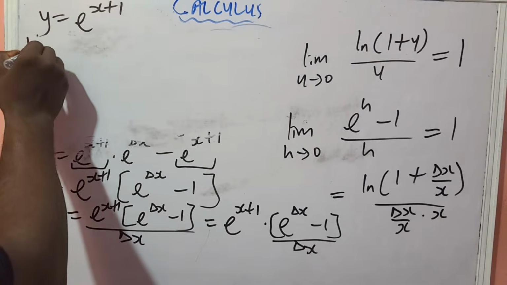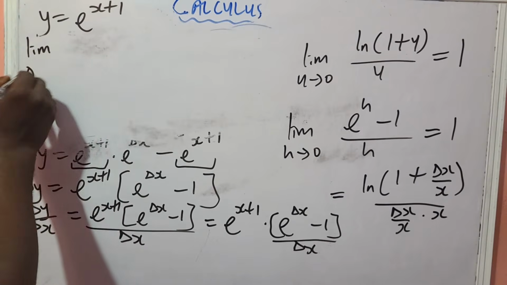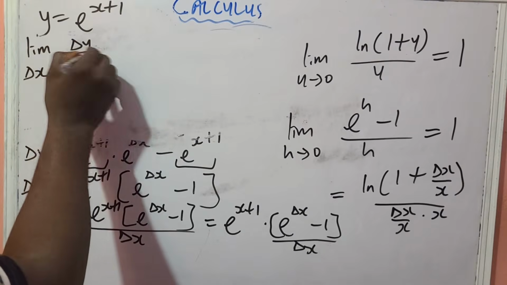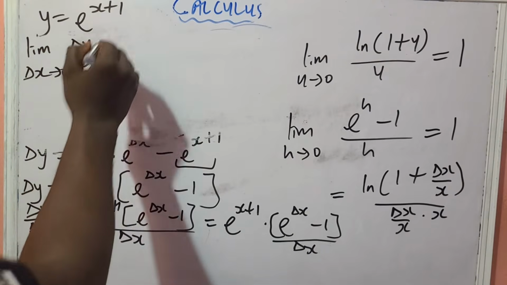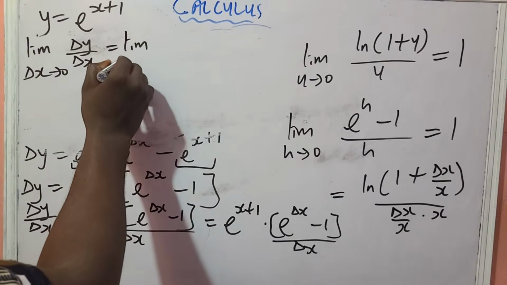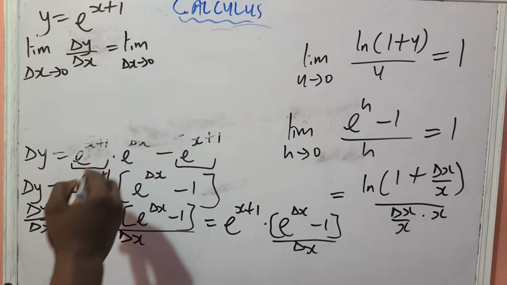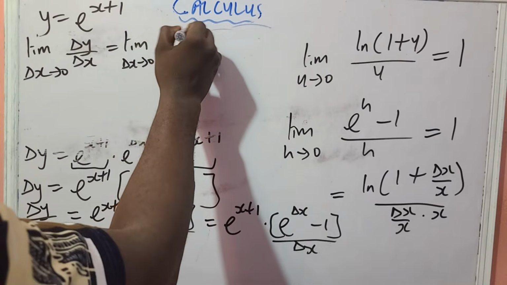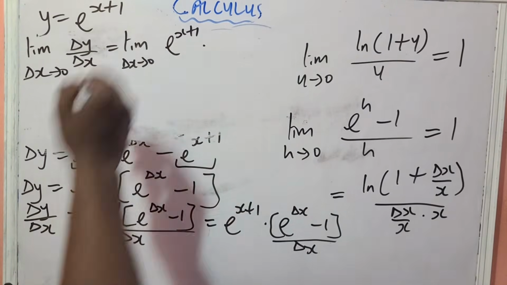I want to take the limit of this side while change in x is tending to 0. So I have change in y over change in x equals the limit of change in x tending to 0. This is the secret to success. If you follow us through in all these classes, you cannot go wrong.